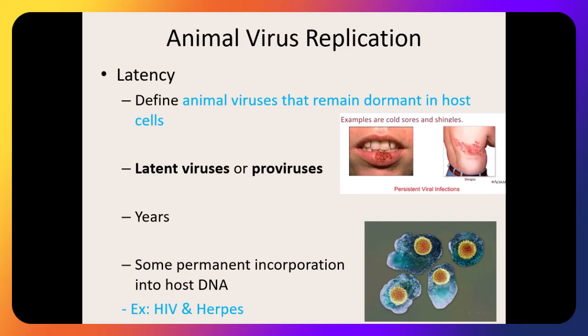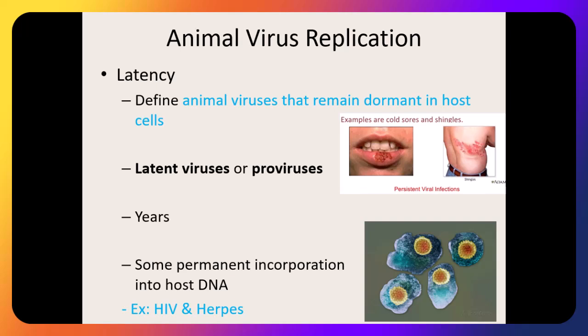Now, there are some animal viruses, again, these are viruses that infect animal cells, we're animals, that don't cause our cells to right away start making lots and lots of viruses. They can go through what's similar to that lysogeny. The virus genetic material incorporates into the host cell, and then it hangs out and remains dormant.